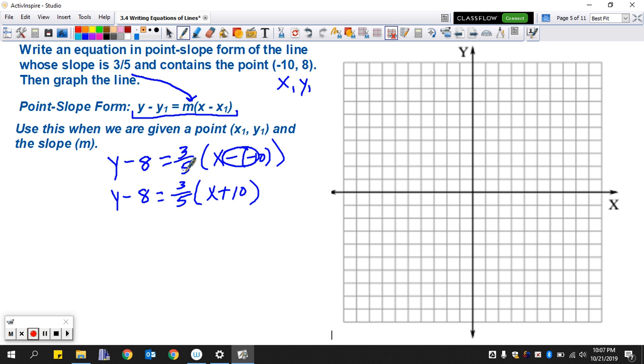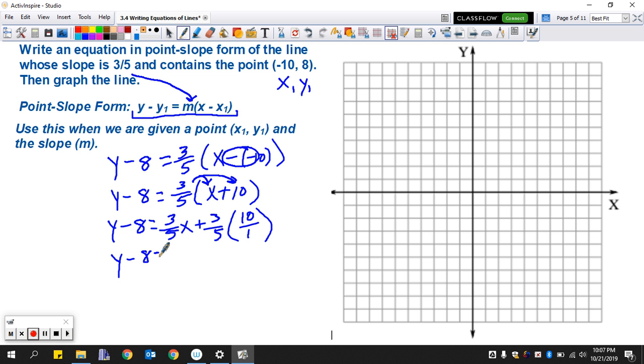All right, now we apply the distributive property to the 3/5, and we end up with y minus 8 is equal to 3/5 x plus 3/5 times 10, and I'm going to write the 10 as a fraction, 10 over 1. Now you can either cancel the 5 and the 10 out, or you can just multiply straight across and simplify it that way.